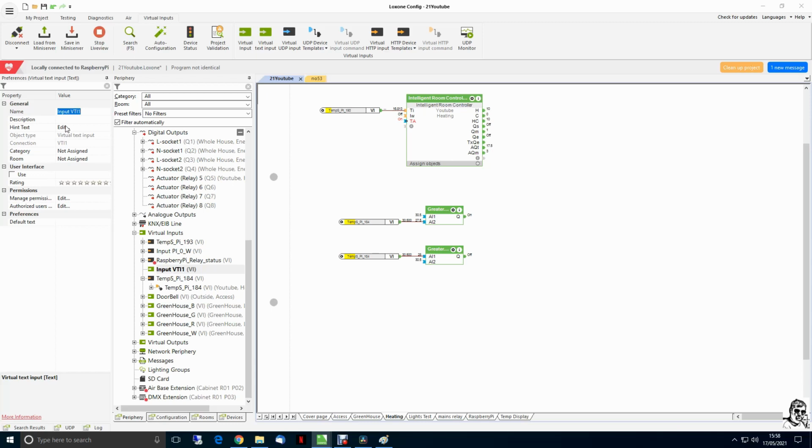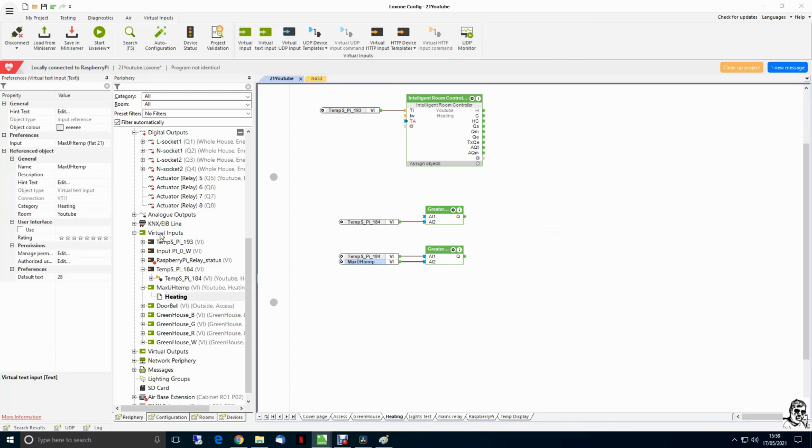Now we need two text inputs. Okay, this one we call the max underfloor heating temperature, and in my case I set it to 28 degrees. Okay, grab it, and I think it goes here, maximum.